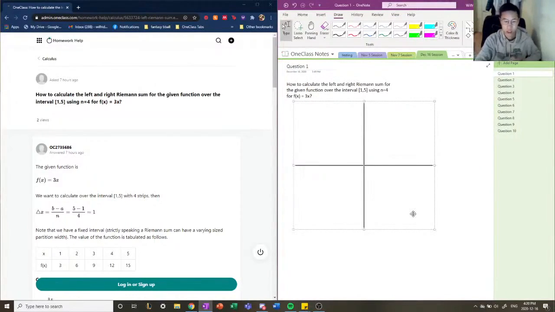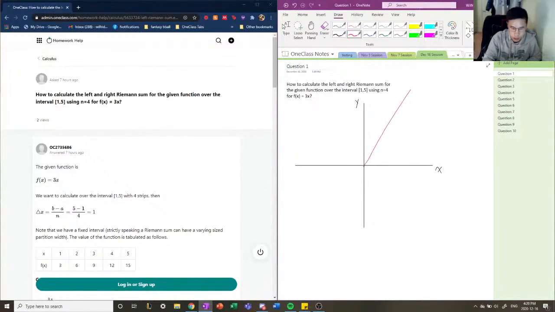Let me just label our axes here. Let's draw this line. It's kind of steep, so we'll draw it like this. We'll label 1 to be here.